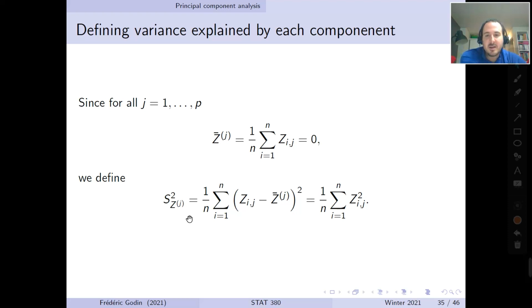S square j is the sample average across all data points of the jth score, the coordinate in the jth axis for each observation, minus its average, and the average we just saw is 0, so this is just the sample average of Zij square across all values of I. So we define S square j as the sample variance of the scores for the jth principal component, or the sample variance of coordinates for the jth axis, and this is the sample average of Zij square across all values of I.